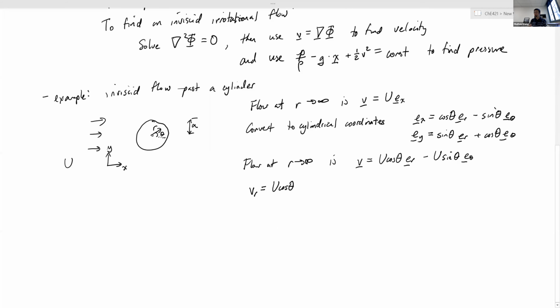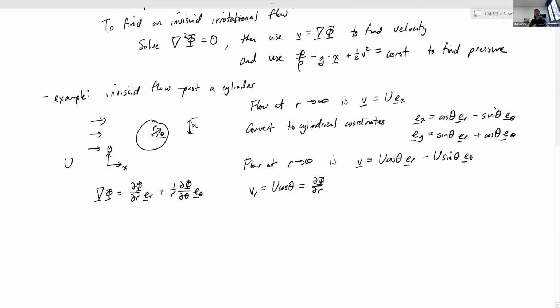Okay, but of course the velocity is the gradient of the velocity potential, right? And the gradient of our velocity potential can be written like this. Okay, and so what this means is that because V_r is equal to u cosine theta, then d phi dr is equal to that.